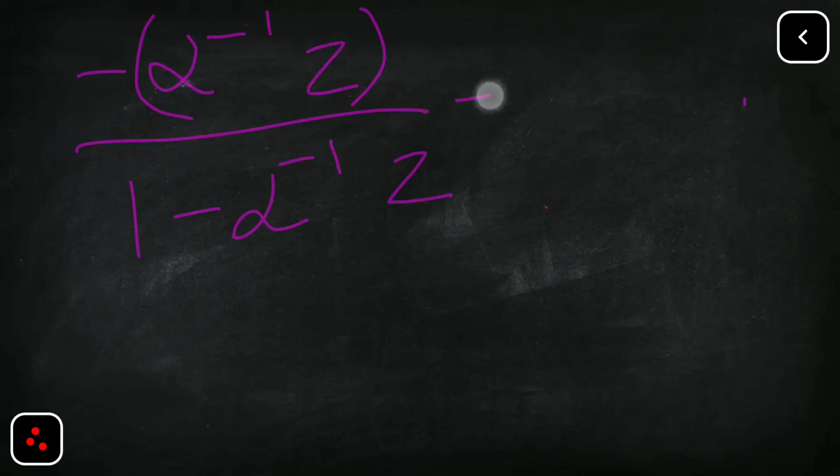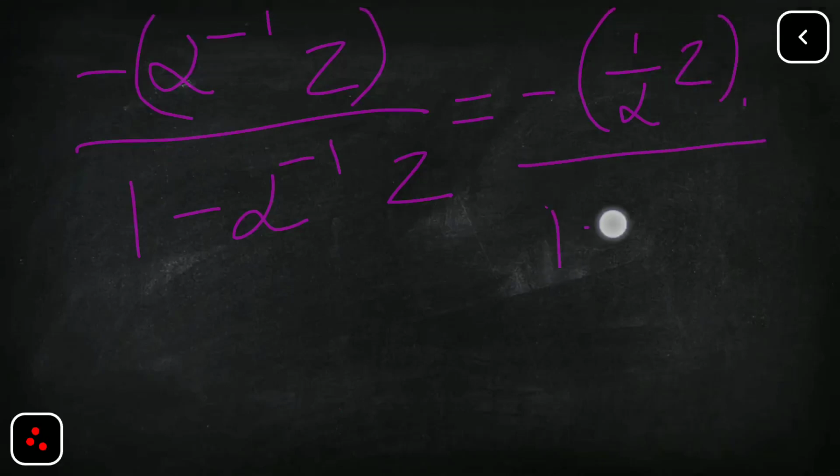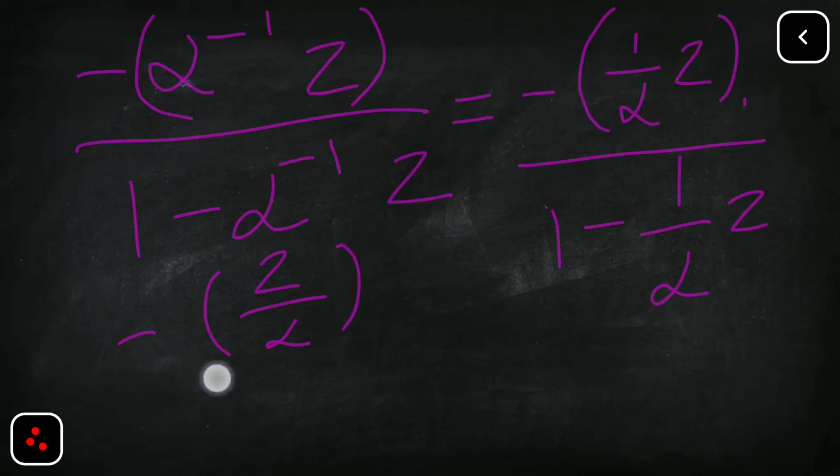If you simplify, you're going to get minus 1 by alpha, so alpha inverse is 1 by alpha, into z, divided by 1 minus 1 by alpha into z. If you multiply, you get minus z by alpha divided by 1 minus z by alpha. So what is the resultant?